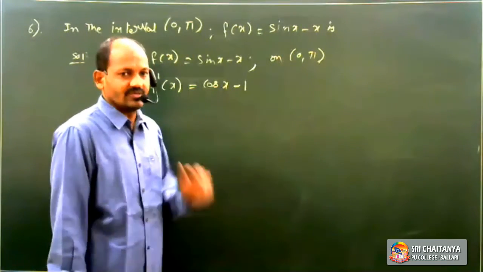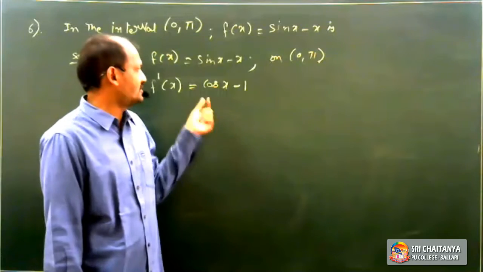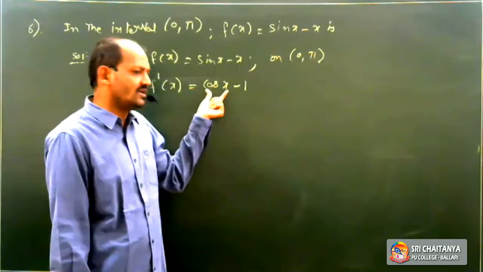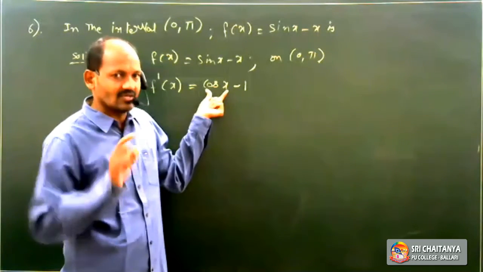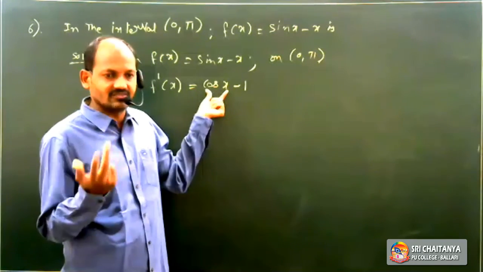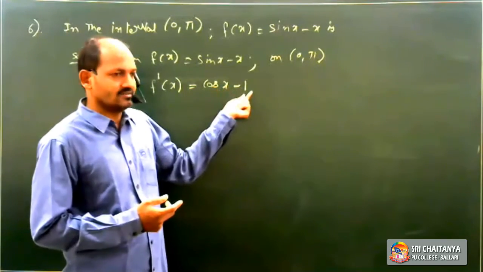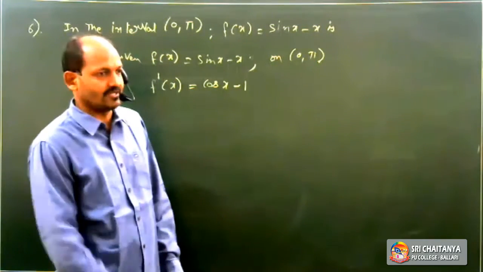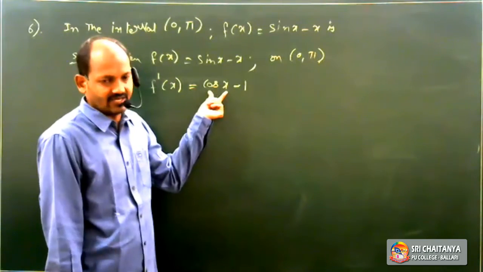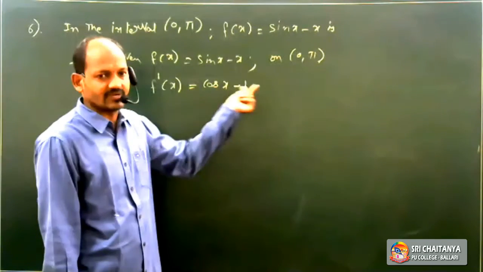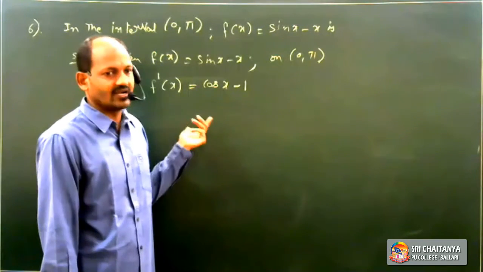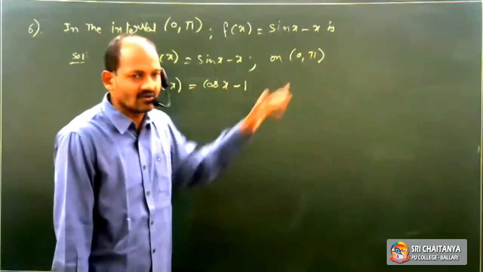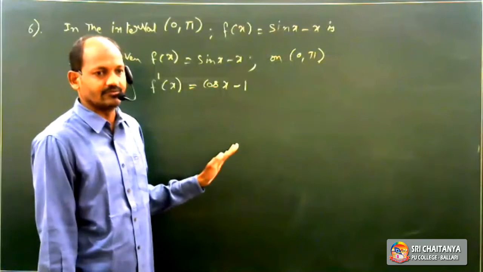So 0 minus 1 is minus 1. In the second quadrant, 90 to 180, cos is negative, minus again minus, we get a negative value. So cos x minus 1 in the first and second quadrant is negative.